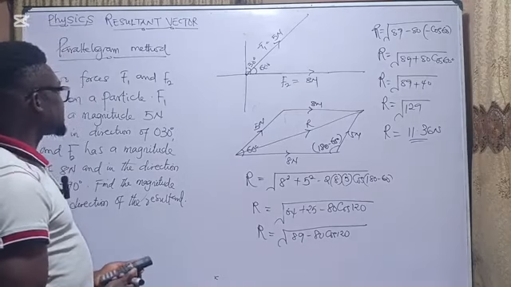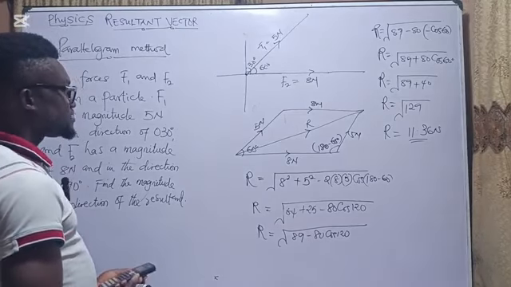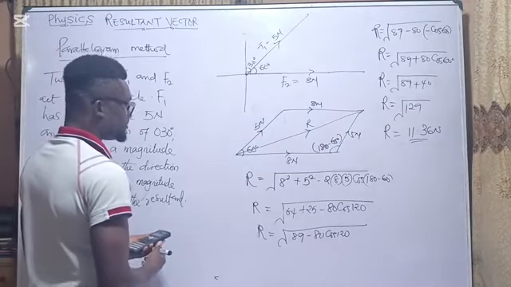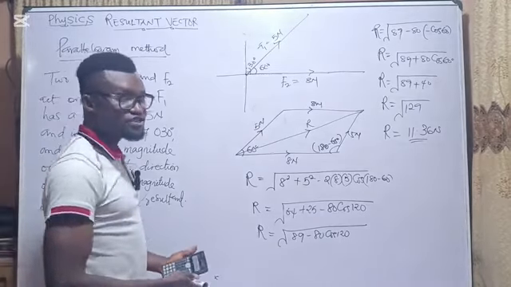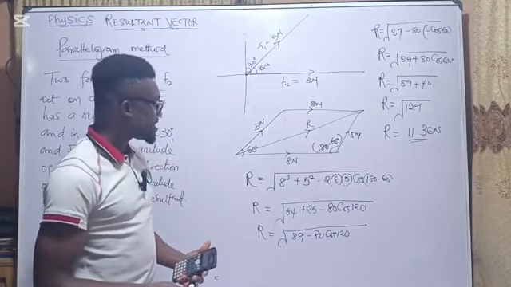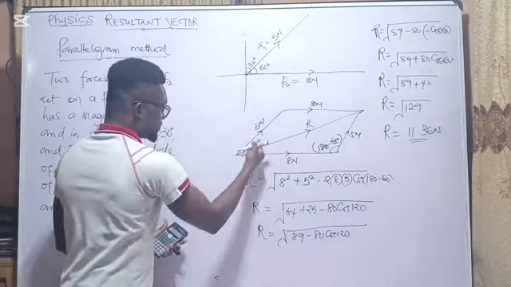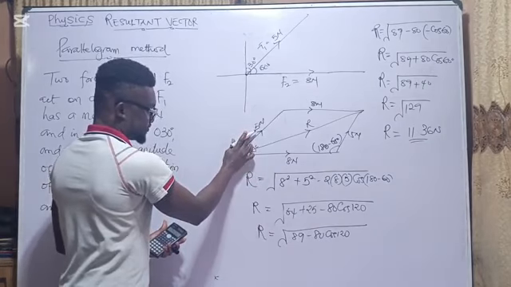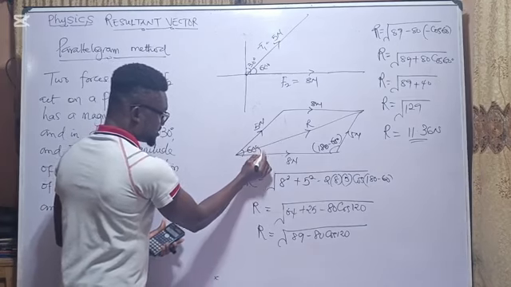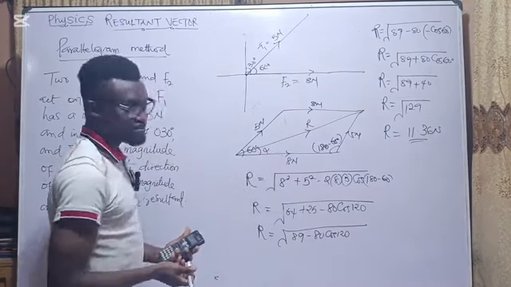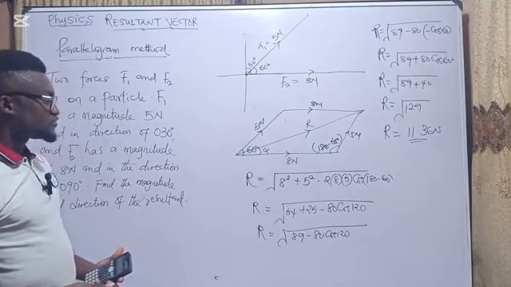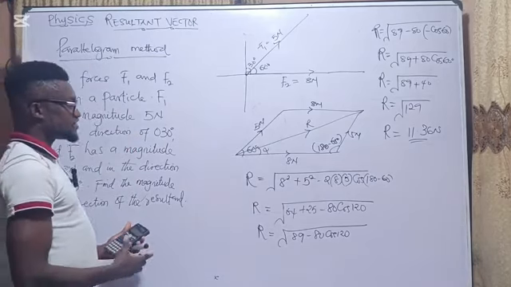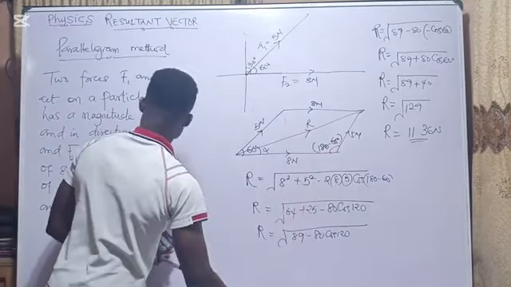Now, in order to get the direction, the direction will be measured with respect to the one with higher magnitude. We have 5 Newton. No, it can't be because it's a smaller magnitude. We have 8 Newton. So the direction will be here, right? In order to get the direction, here is a right angle now.